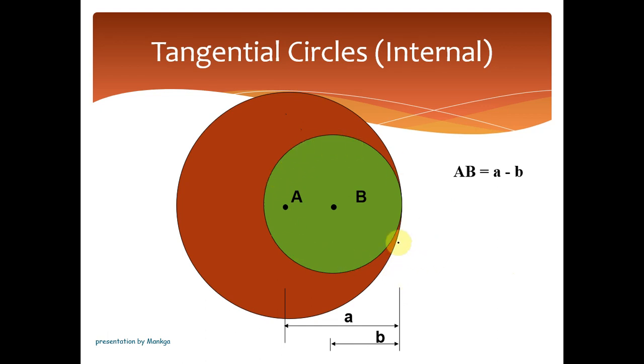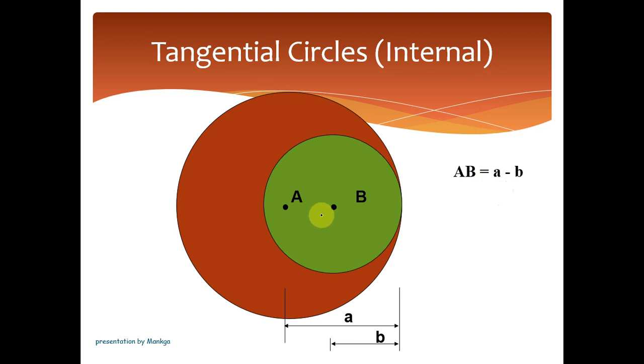Then when we go to tangential internal, it's still the same application. We have two circles that are touching at one point. In this scenario, we say the distance AB should be equal to the difference between the radii.